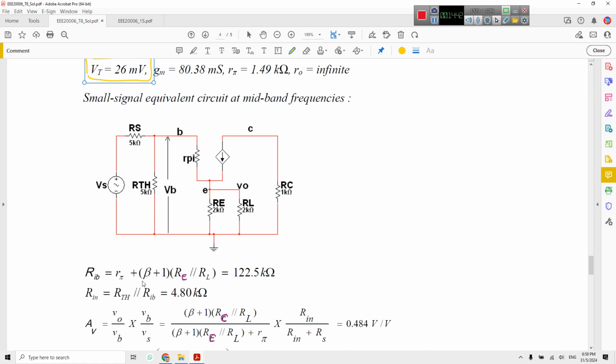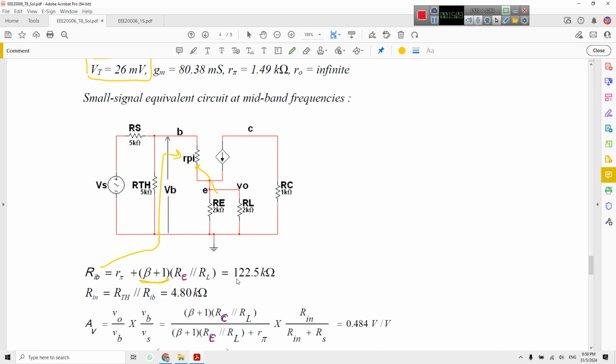And here, as you can see, the coefficient is beta plus 1 for me, meaning that it should be in the emitter, which sends it to the base. So RB is seen from this point. This is for this one.